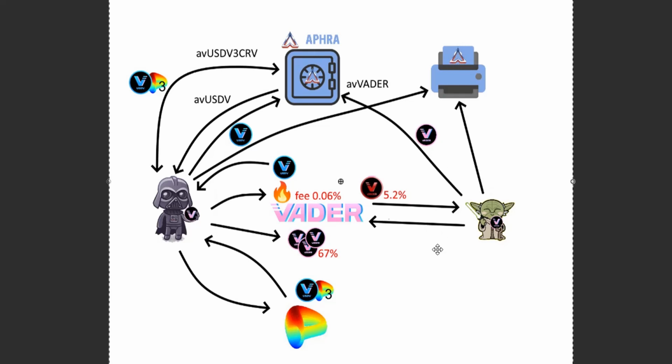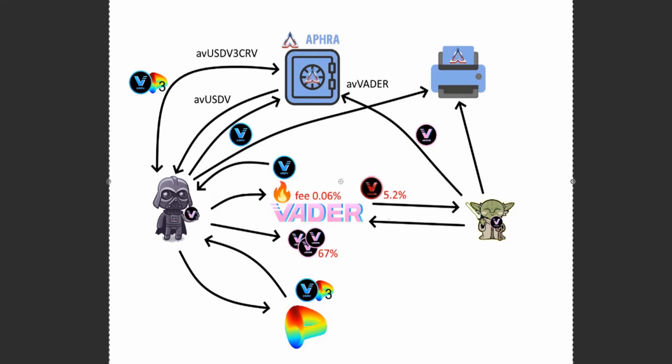Okay, so these are the options for the lover of VADER, and you could be both of them and do some of this and some of that. You don't have to choose one side or the other. You don't have to join the dark side or the Jedi. It's up to you. Now, what is all of this about?